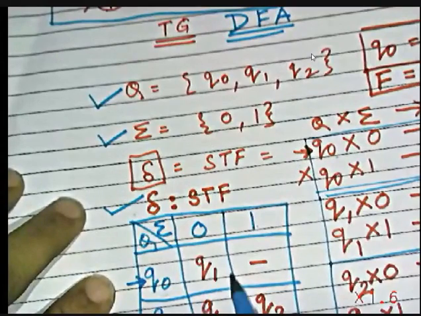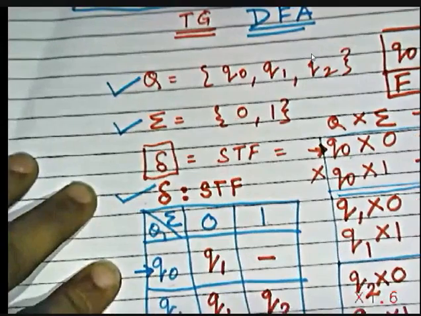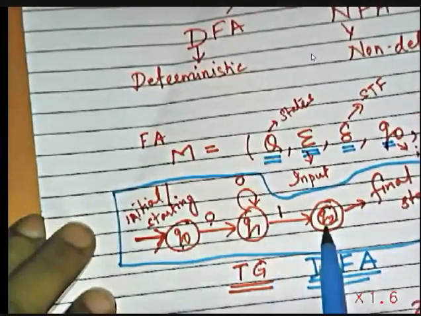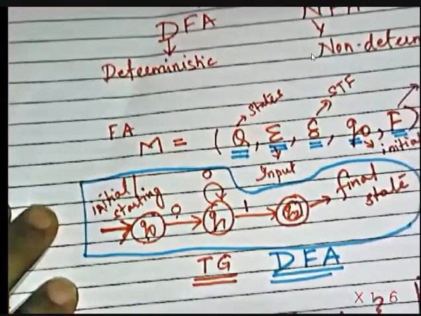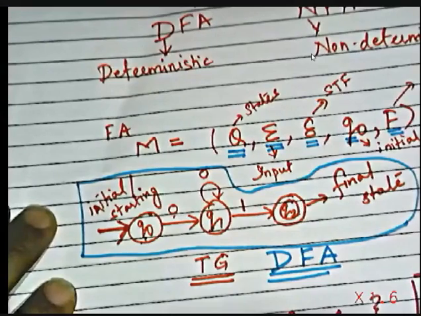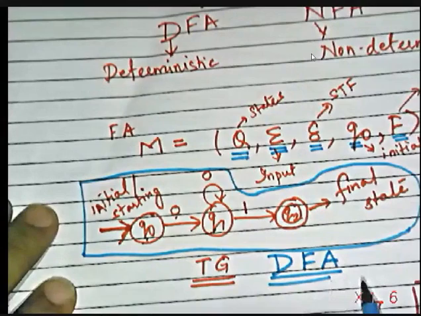But in this figure, no state has such a case. Every state with a single input moves to only a single state, and hence we call such finite automata deterministic finite automata.